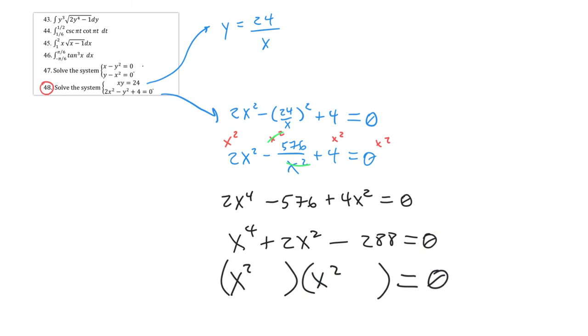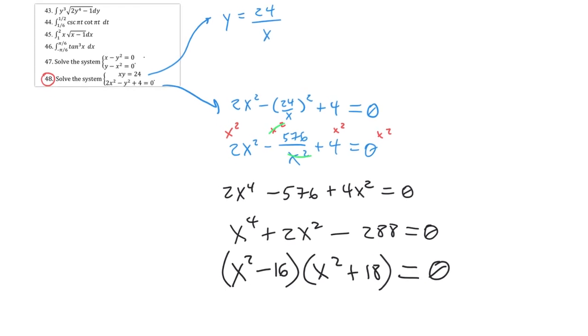And that question is, what two numbers multiply to negative 288 but add to positive 2? Now, 288, unfortunately, has a lot of factors, but it turns out that 16 times 18 gives you 288. One of them has to be positive, the other has to be negative. I think we can all agree this one needs to be positive and this one needs to be negative.